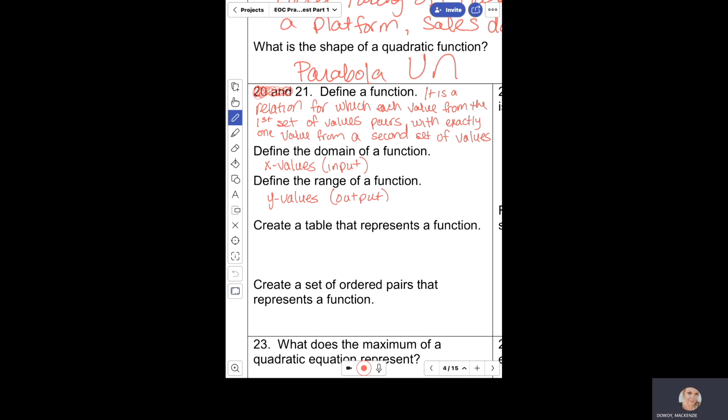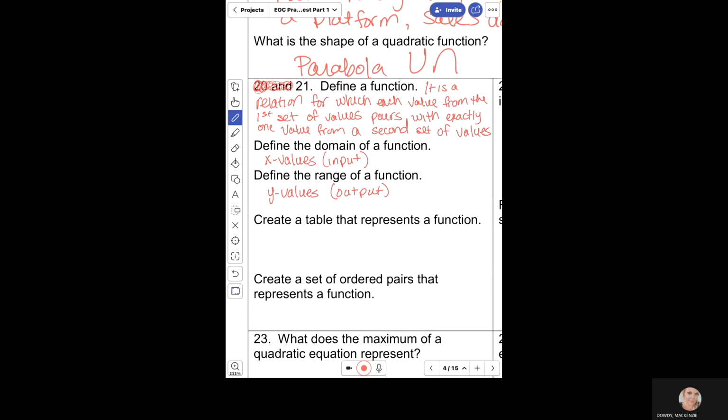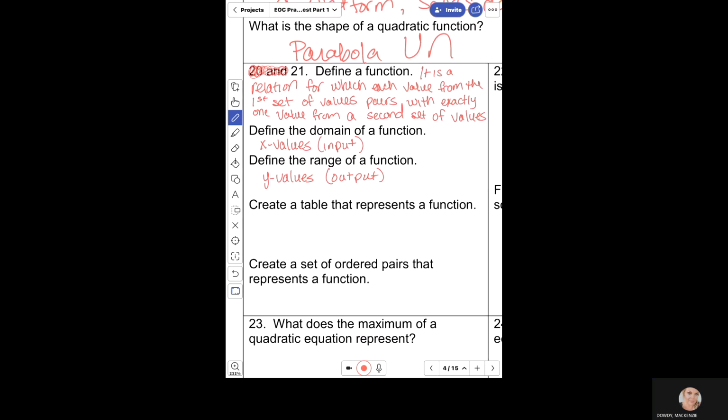They want us to create a table that represents a function. Okay, so I'm going to label it all so that you know what each thing is that's on here. So we'll have input, x values, output, y. Draw a line, another line.